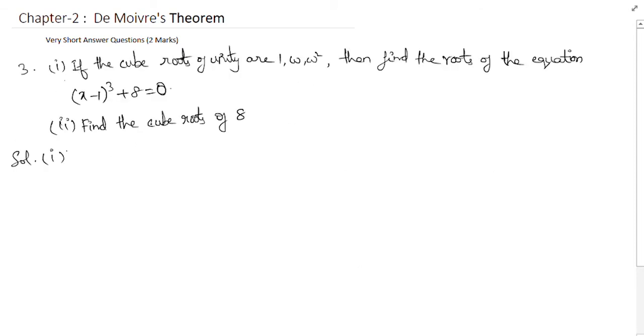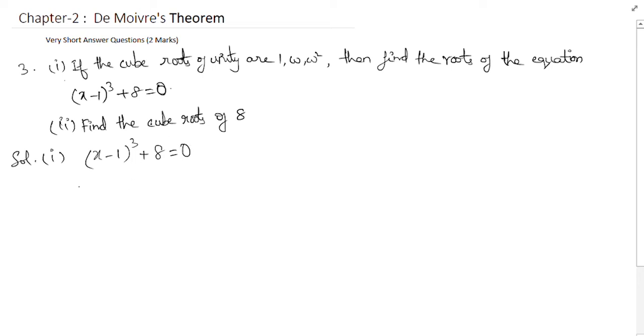So now we'll go with the third problem. If the cube roots of unity are 1, omega, omega squared, then find the roots of the equation (x minus 1) whole cube plus 8 is equal to 0. So the solution for that is, they had given that (x minus 1) whole cube plus 8 is equal to 0.